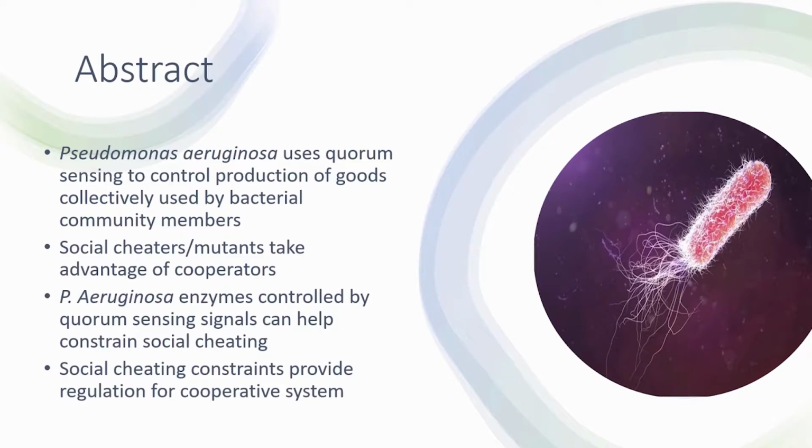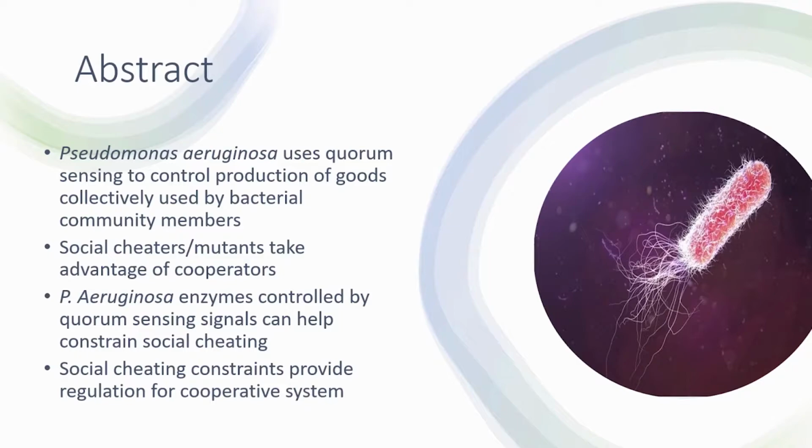Social cheaters, or mutants, are able to take advantage of cooperators. In quorum sensing, there are bacteria called cooperators and bacteria called social cheaters, so there are two classifications of how they act in a community. Social cheaters take up all of the resources that are shared by this community of bacteria, while cooperators are the ones who are producing these goods.